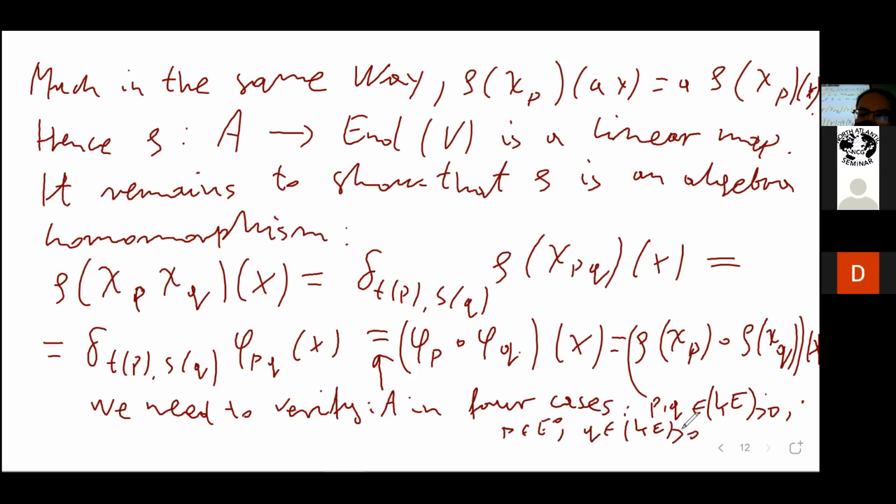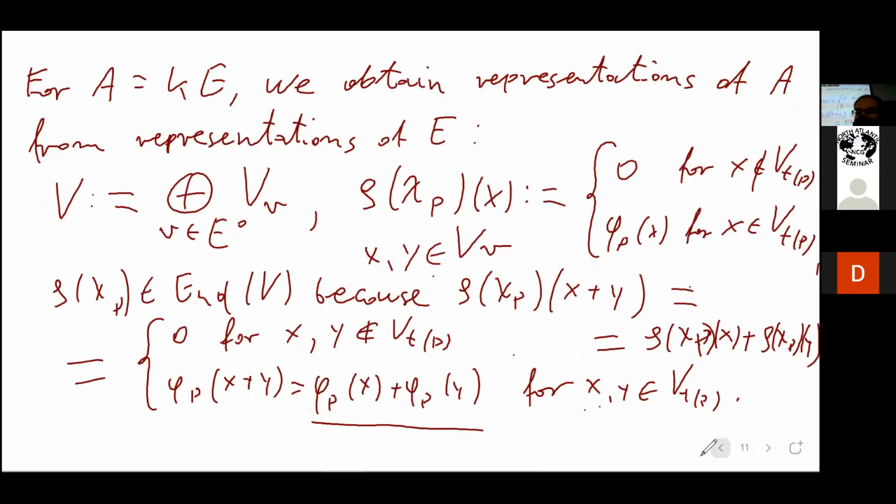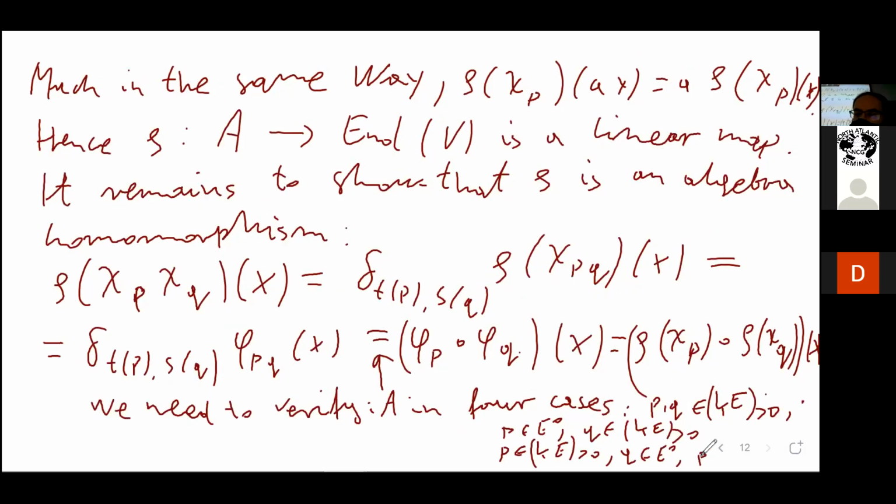Then P is in the arrow ideal and Q is a vertex. And finally, P and Q are both vertices.